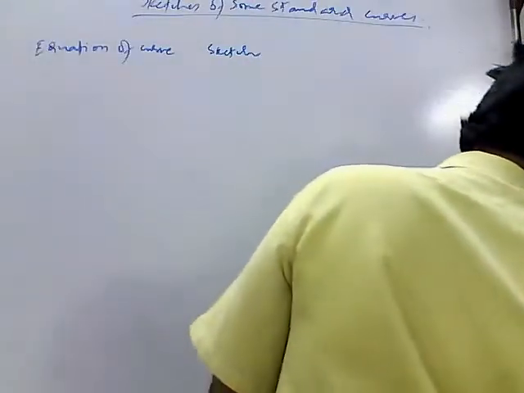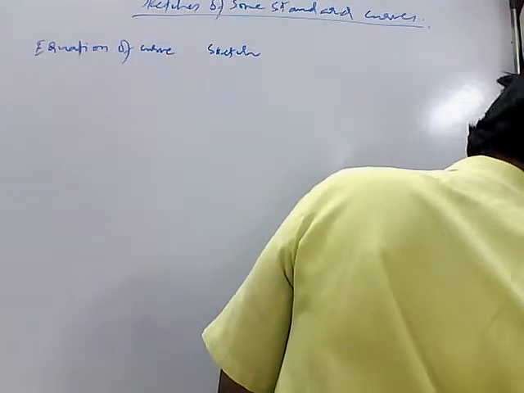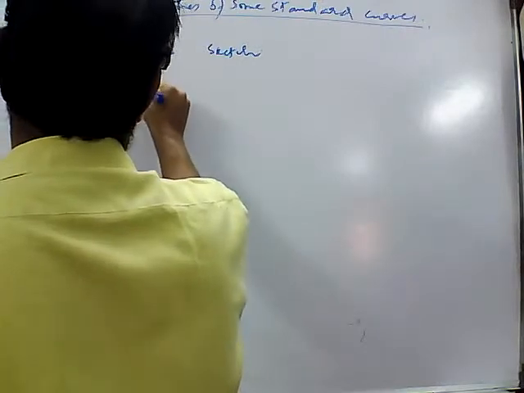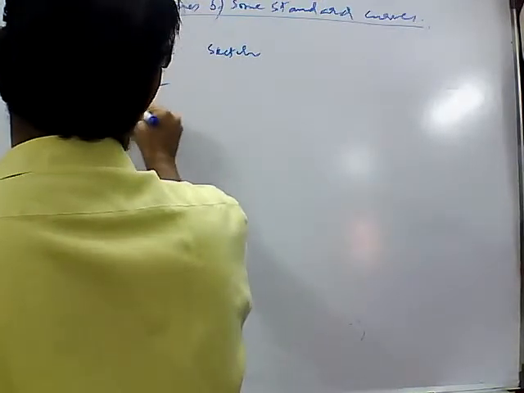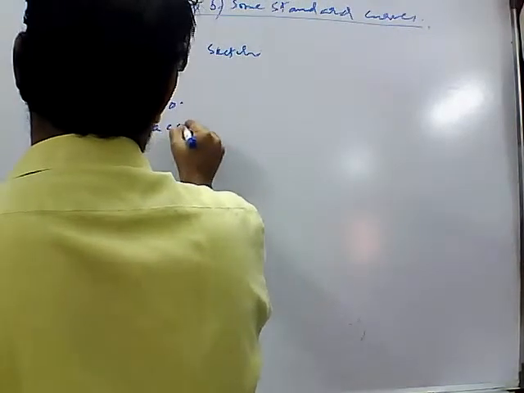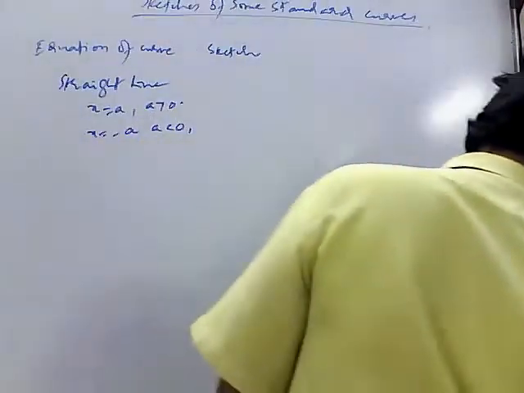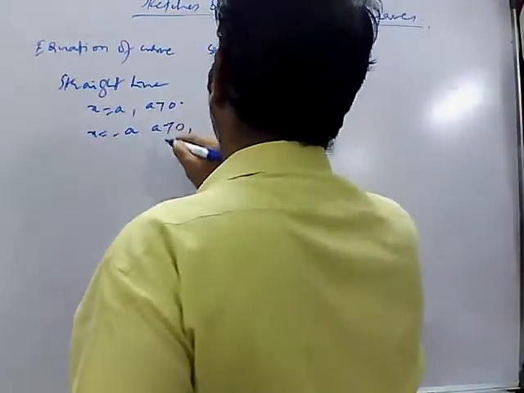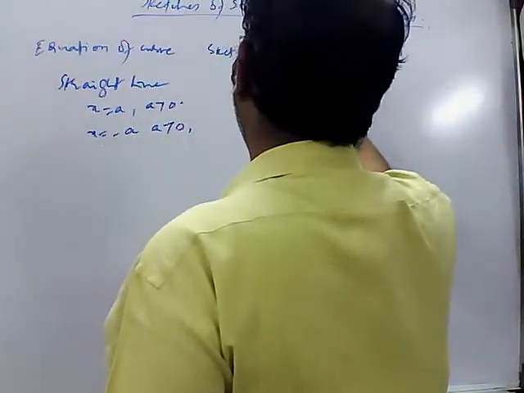First, straight line, x is equal to a, where a is greater than 0. x is equal to minus a, less than 0. A greater than 0, this also. Left side, okay. Sketch or diagram.